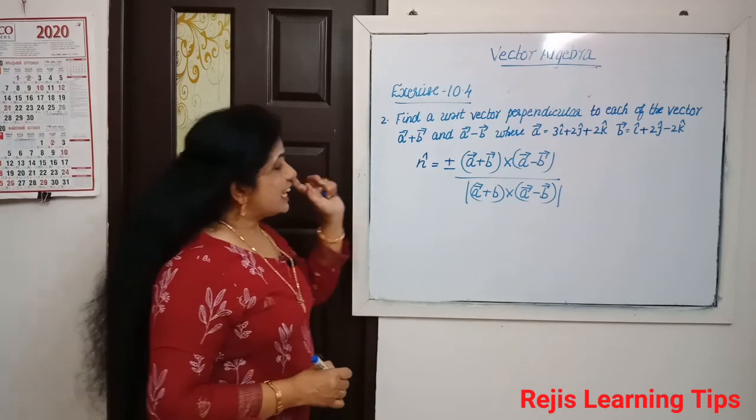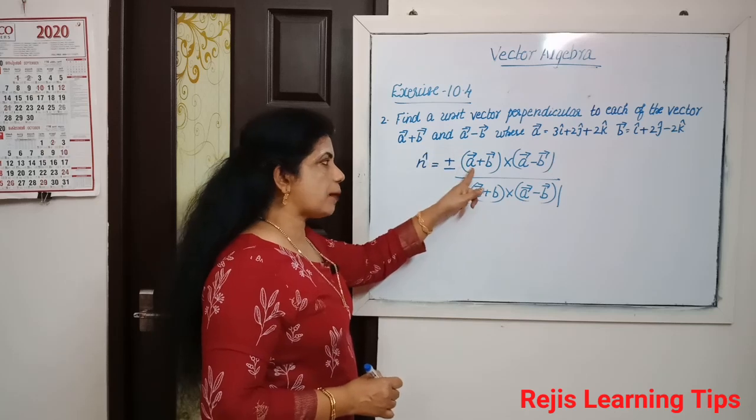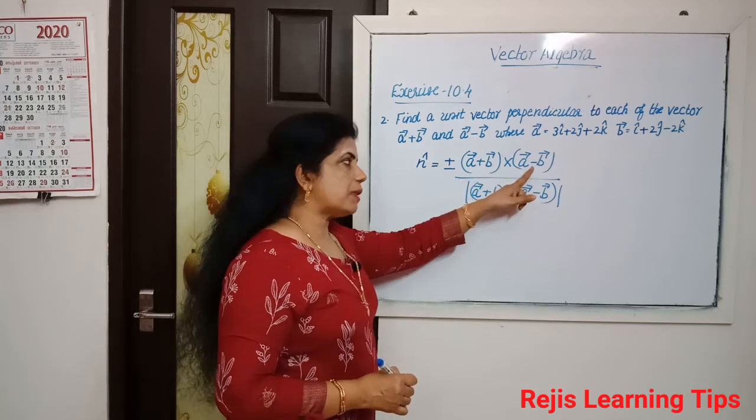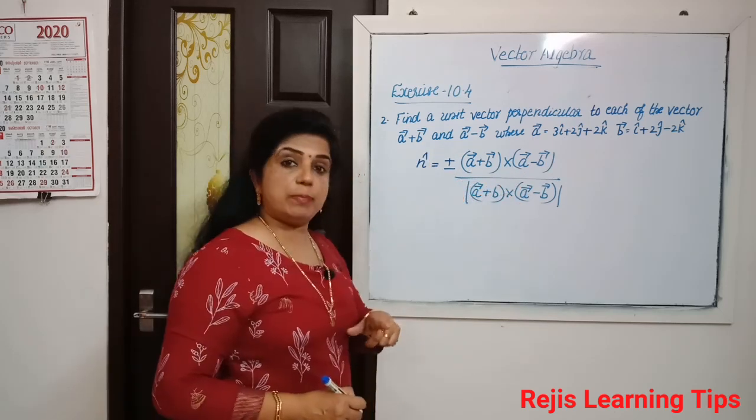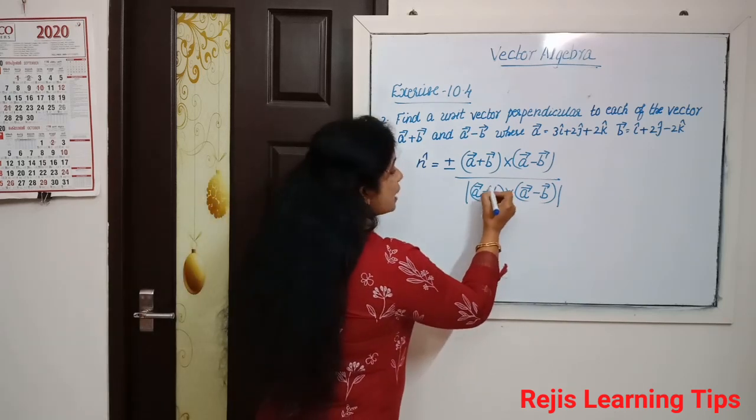Understood? n cap is equal to plus or minus vector a plus b cross a minus b divided by modulus of a plus b cross a minus b.